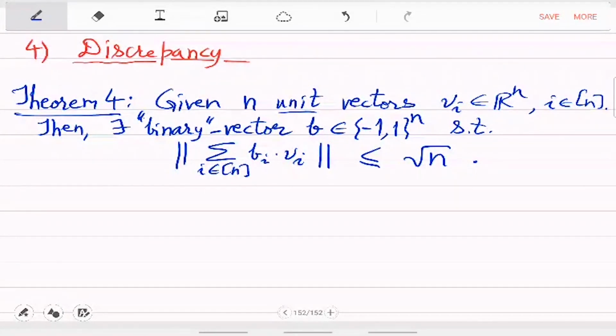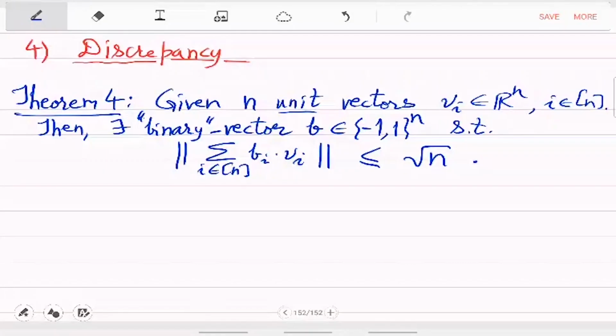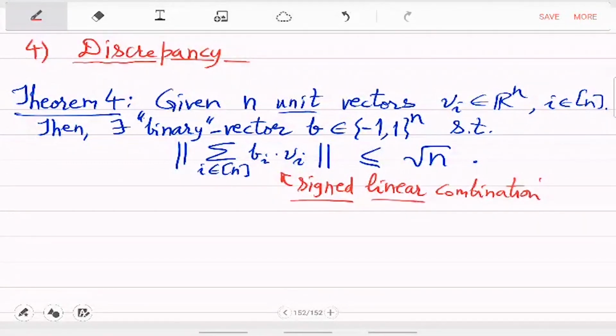Okay, so what this is saying is that as long as you have unit vectors, there will always be a combination by just using signs. There is a signed linear combination, that is what you should remember, whose length is significantly smaller than n, it is square root n. So we will prove this next time.